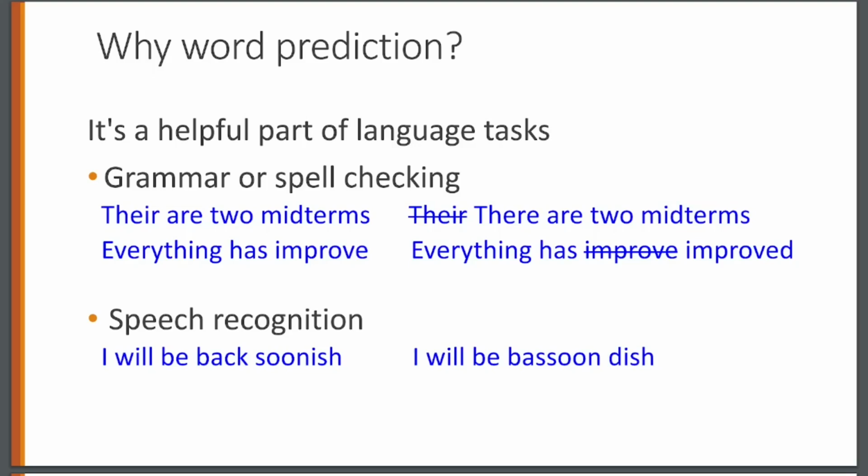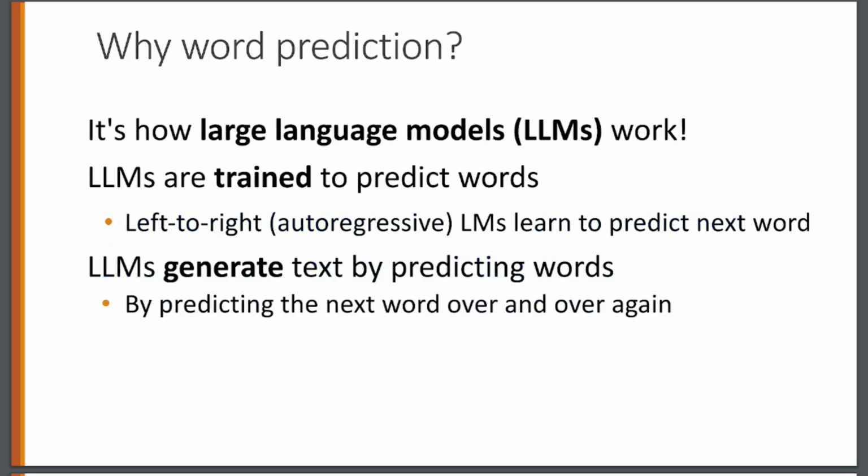If I'm converting the waveform read by a microphone into written text, having some concept of what words belong adjacent to one another can make that task of transducing sound into text, speech into text, easier. For instance, "I will be back soonish" is much more likely than "I will be bassoon-dish."